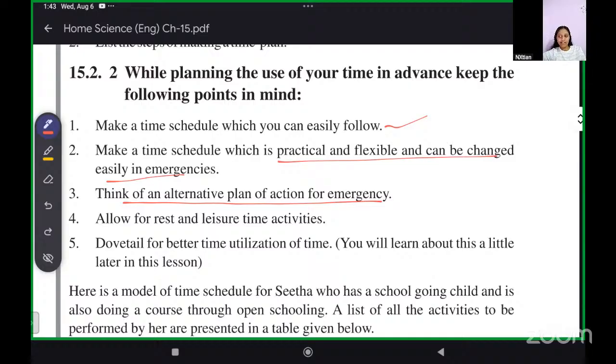So that is how you can make an alternative plan when an emergency arises. You have to manage it by shifting it to another time. If you usually study in the morning and an emergency comes in the morning, you have to do it at night if you have an exam. If the emergency arises at night, you take out time in the morning or afternoon somehow and revise.